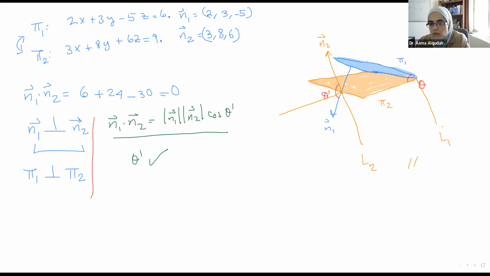Let's do it in another way. This line is perpendicular to plane pi 2. Let's call it L1.